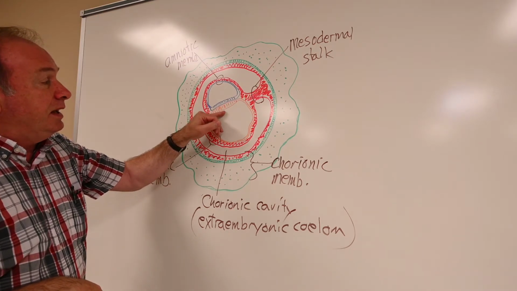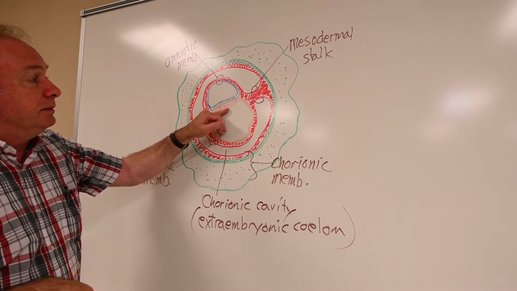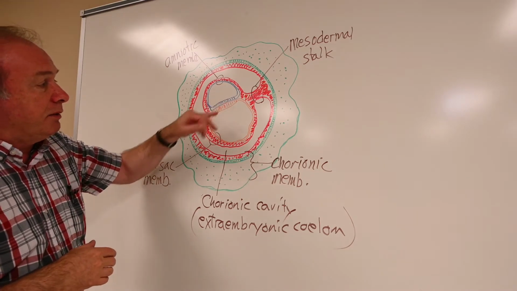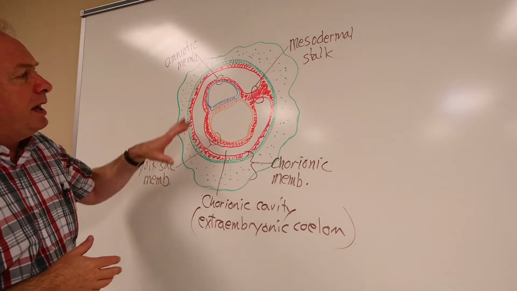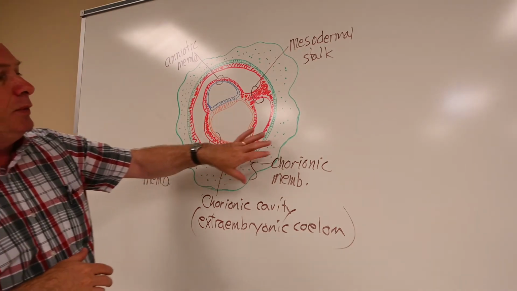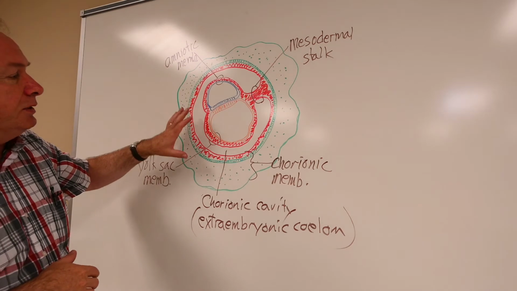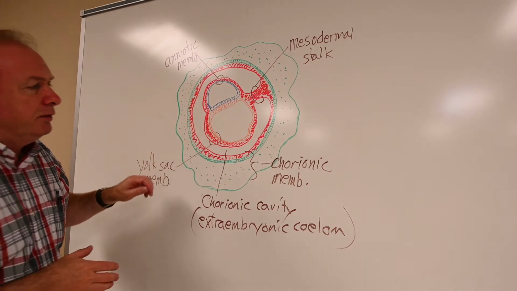So the next events that occur, which are vital to the formation of the body, are occurring right in here. We'll maintain this condition of having the syncytiotrophoblasts, cytotrophoblasts, and all that together for a while.